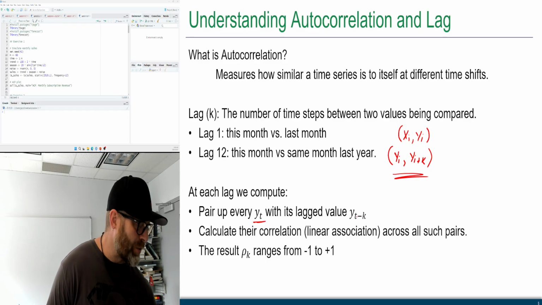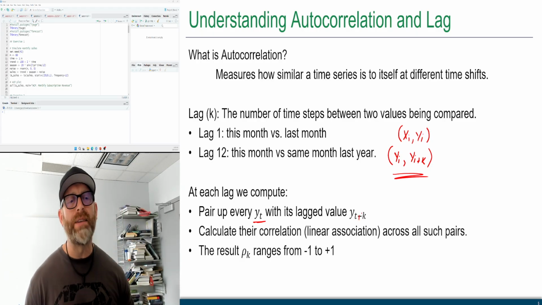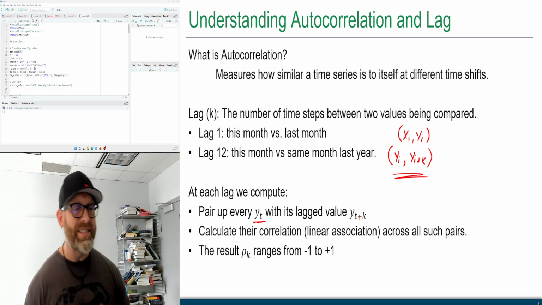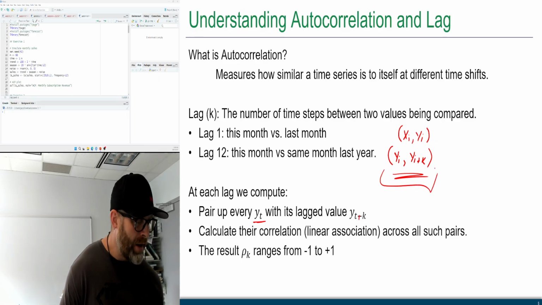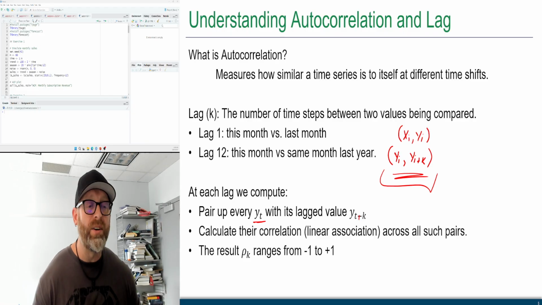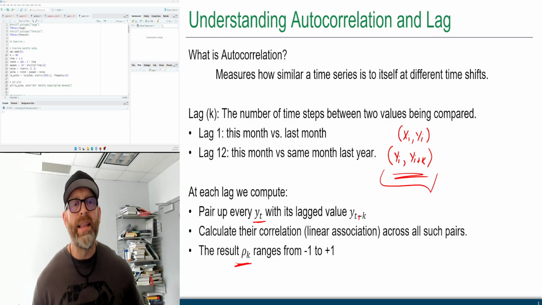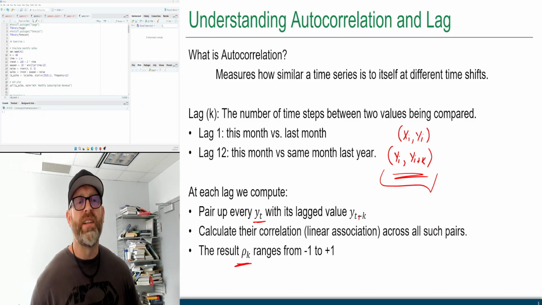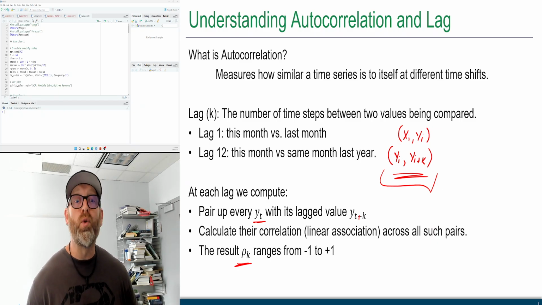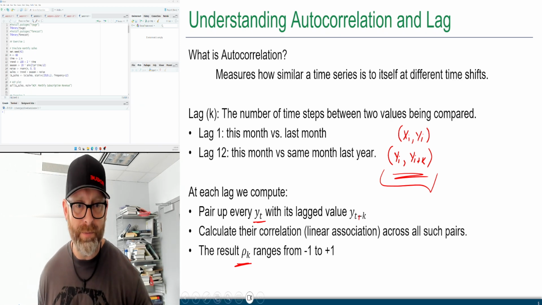We can go minus k or plus k, it doesn't really matter; we're just going that difference in points in time. We calculate their correlation, that linear association across all such pairs, and we're calculating this rho sub k. That is our correlation, between negative 1 and positive 1, with 0 meaning there is no relation between these things.